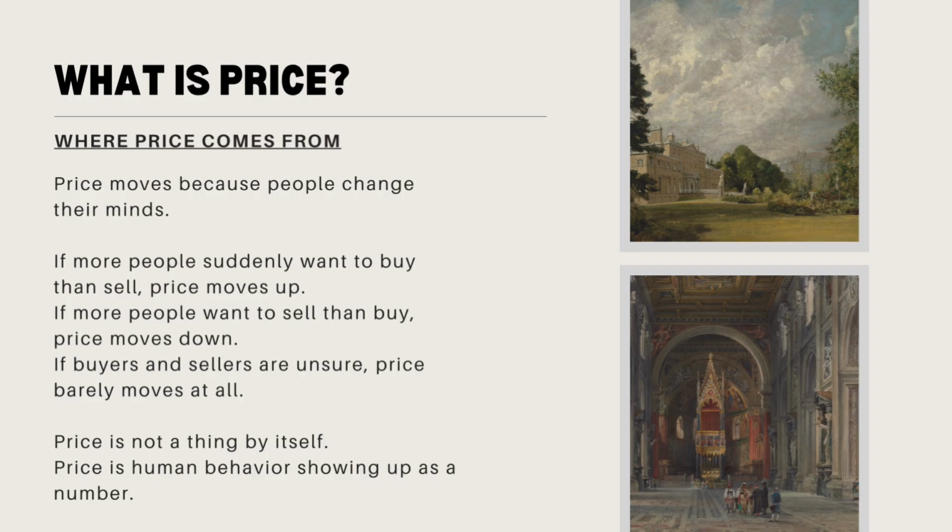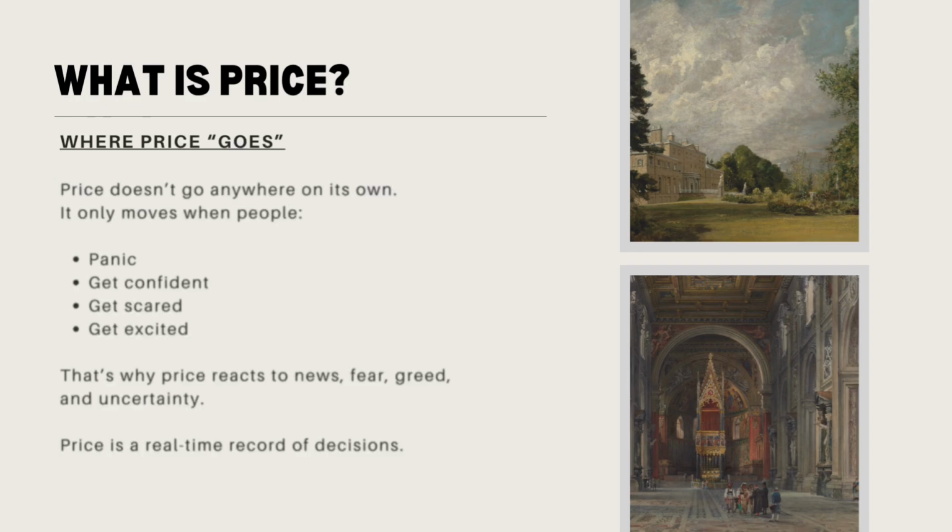Price is not a thing by itself. Price is human behavior showing up as a number. Price does not go anywhere on its own. It only moves when people panic, get confident, get scared, or get excited. That's why price reacts to news, fear, greed, and uncertainty. Price is a real-time record of decisions.